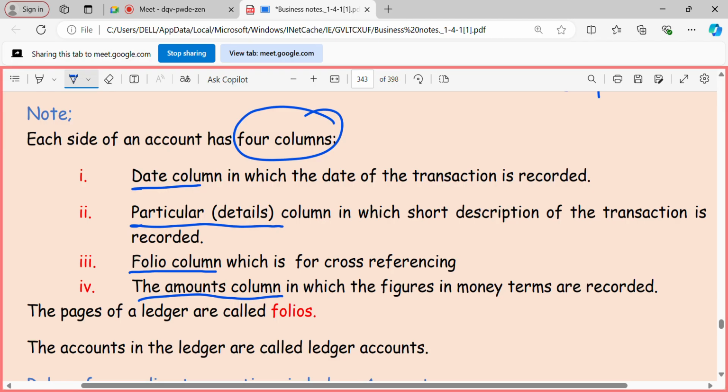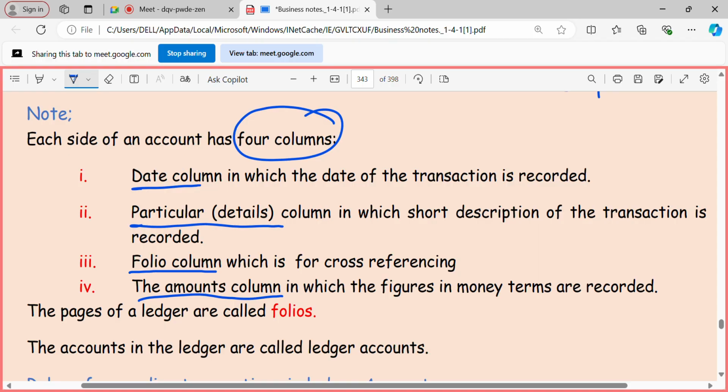So for exam point of view, folio we omit it because vitu za pages mbili surely, because most of the time we're just doing it actually even on a single page. But even if you do it on 2 different pages, there's no need of writing the folio because that is very small. So the essence for folio in ledgers ni ile wakati sasa you are doing it for business.